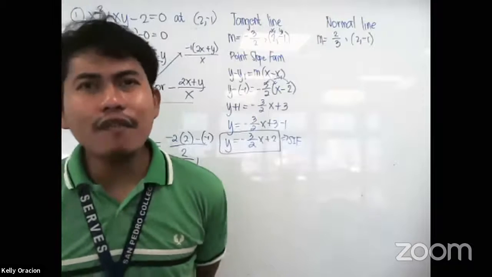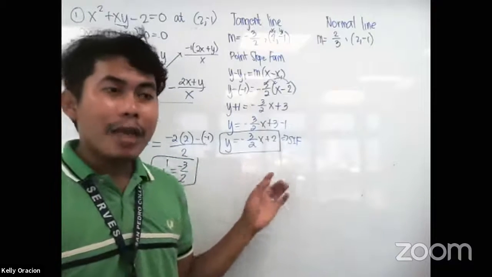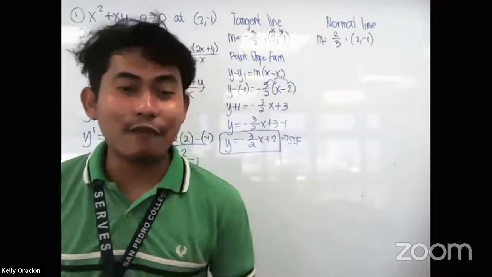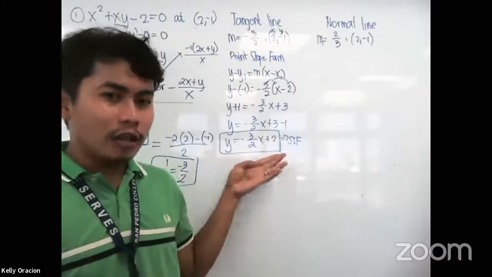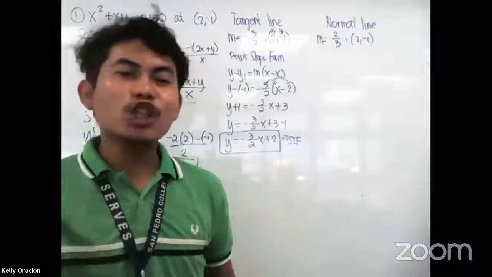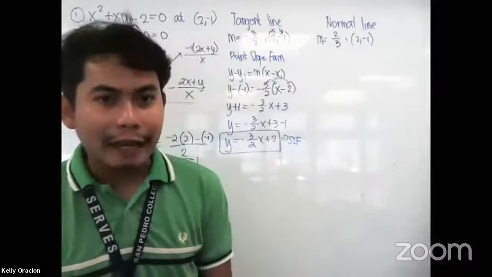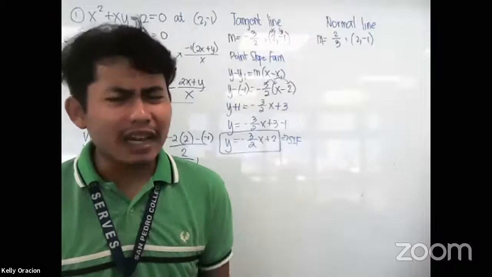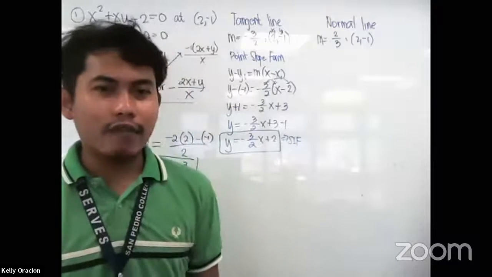So now, I have a question. What if wala na sa choices? Pero merong naka-general form. Tama itong sagot na to, pero you cannot find this one sa choices sa quiz ko. Kasi ang choices sa quiz ni Sir Kelly, naka-general form. Kung naka-slope intercept form ang imong answer, then ang imong choices naka-general form.